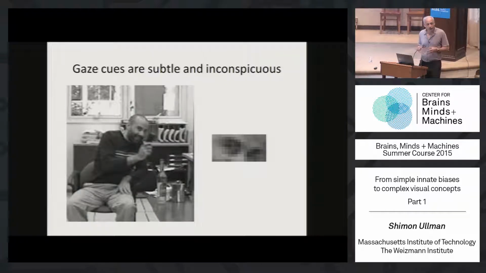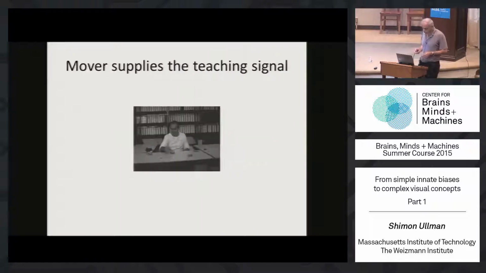This is all the information, the same number of pixels that are in the image. It's not a lot, and we use it effectively to decide where the person is looking. It's interesting that it's so small and inconspicuous in objective terms, but for us, we know that the person is looking roughly at us.